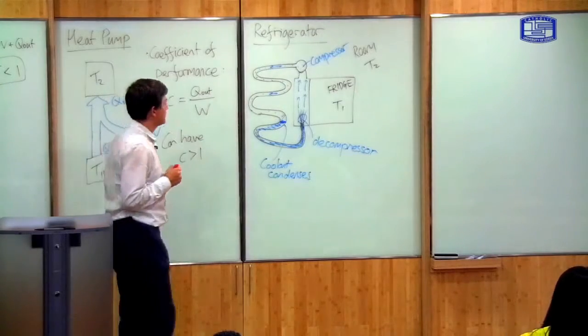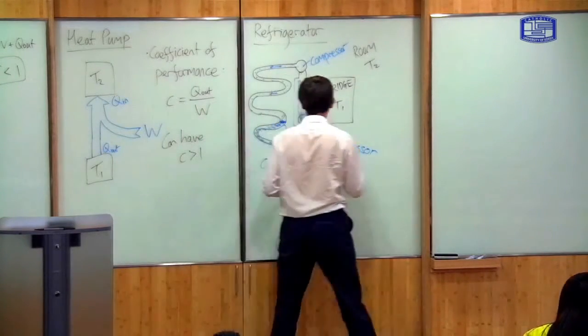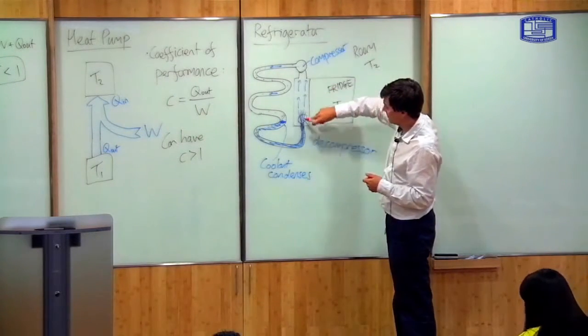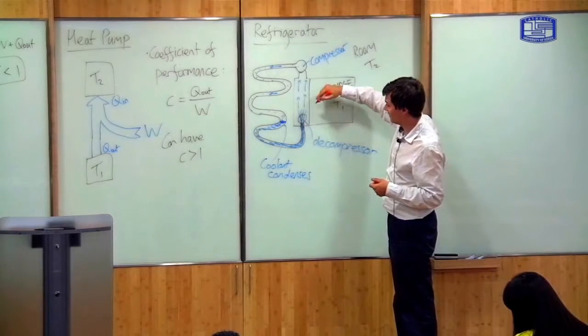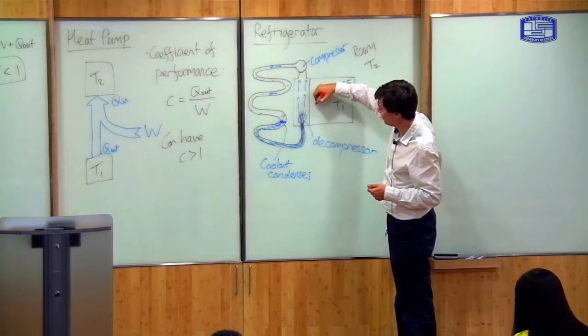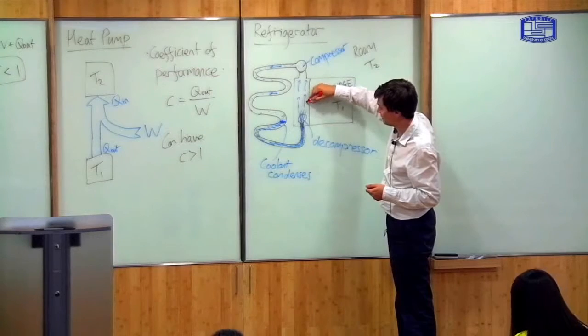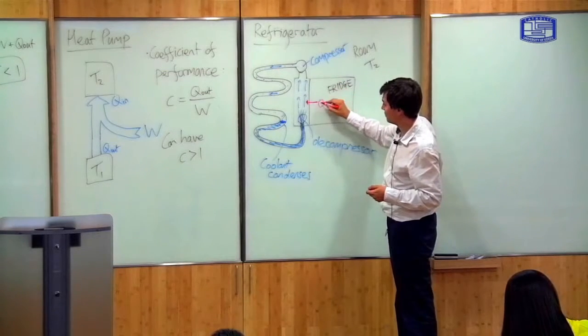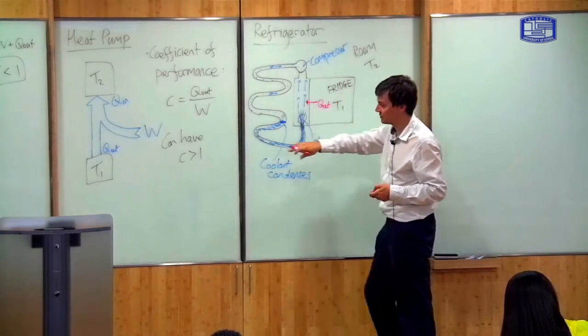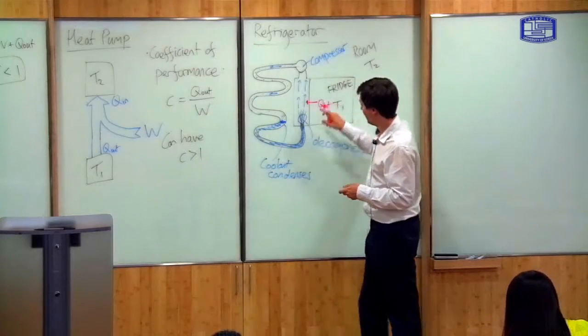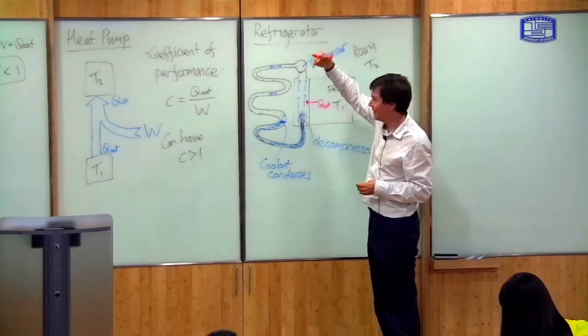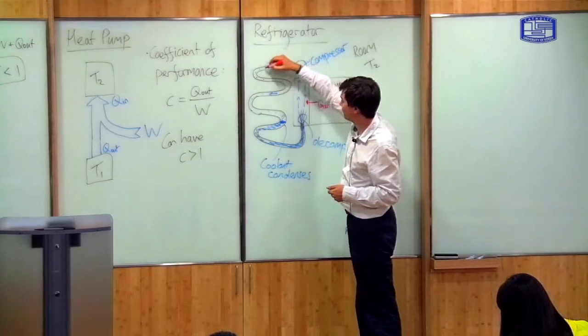So this is how a heat pump works in practice. Because of the drop in temperature when it goes through the decompressor, heat is taken out of the fridge. So this is Q out, the same as we drew here. And then when it goes through the compressor, it goes to high temperature, higher than room temperature.